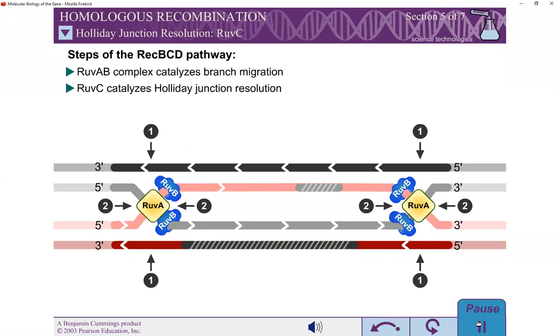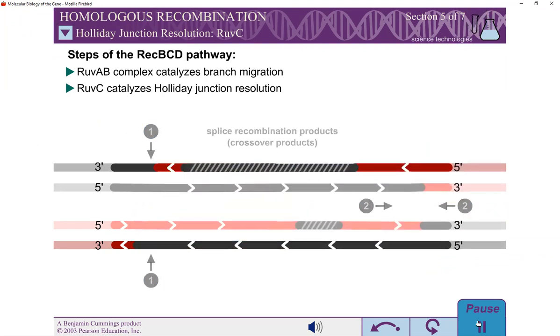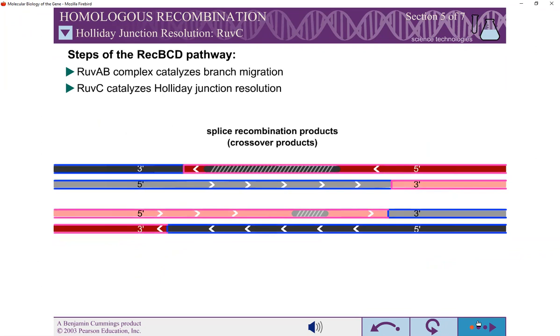If the junctions are cleaved at different sites, splice recombination products result. For example, if the first junction is cleaved at site 1 and the second junction is cleaved at site 2, splice recombination products result. So these are the different products that would be obtained. Nothing is to be worried about because nothing has to be asked about it.